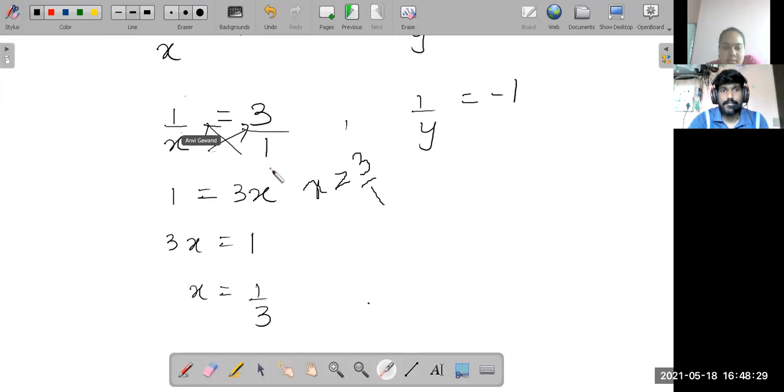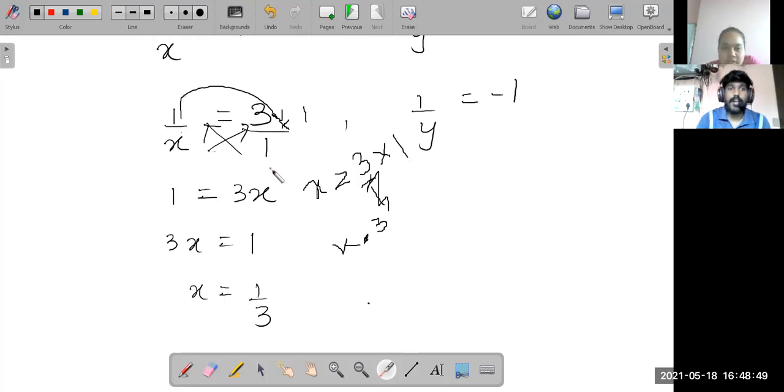So x remains here only and then 1 goes here into 1. Here it was already divided by, so when you take it over it will become into. So 3 into 1 is 3.